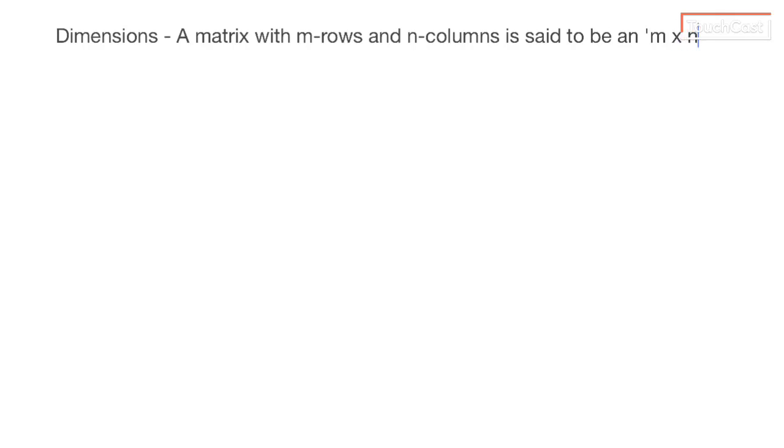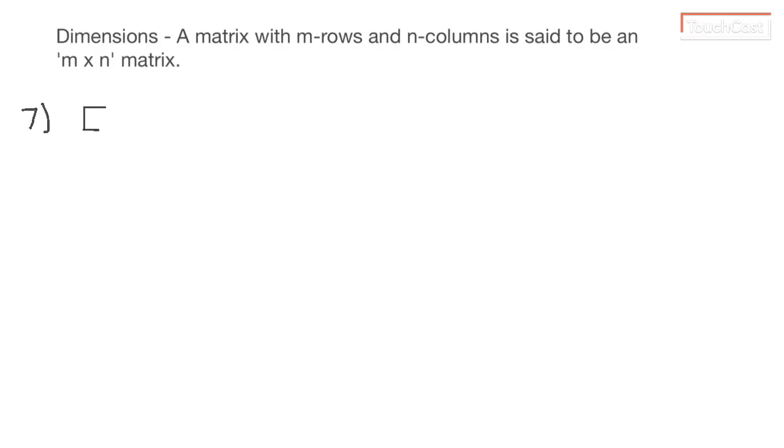So we write that as m times n matrix. So I've got a few here where what we're going to do is, given the matrix, we're just going to state the dimensions.